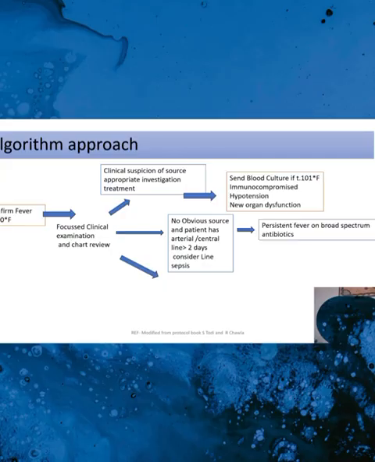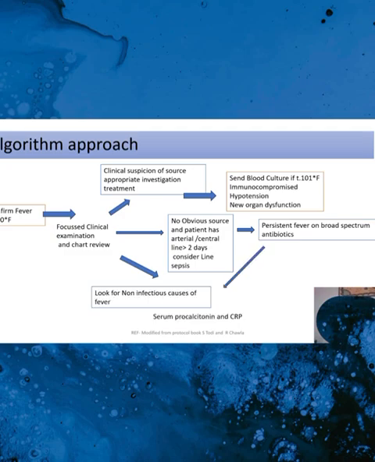If there is persistent fever on broad-spectrum antibiotics, you can suspect a non-infectious cause. Then you send serum procalcitonin and CRP, which have a negative predictive value, and you can look into the drugs, central causes of fever, or thrombophlebitis, DVT, pulmonary embolism, or the fibroproliferative phase of ARDS.